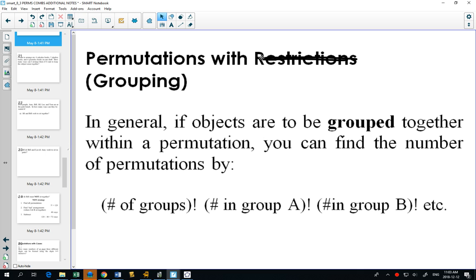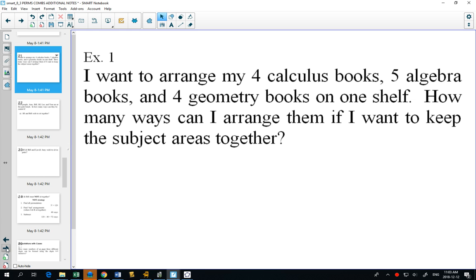Now, I can't necessarily relate to the shoe problem, but I want to arrange my calculus books, my algebra books, and my geometry books on a shelf. So I want to, and there are 4 different calculus books, 5 different algebra books, 4 different geometry books.